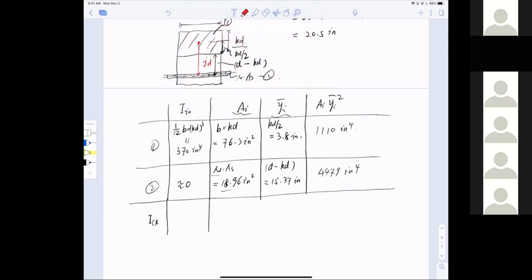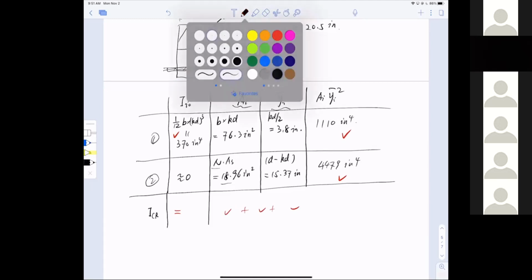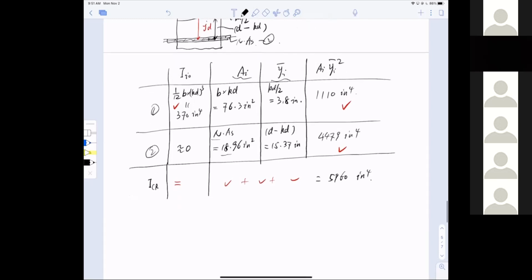Since it's a small table, I just need to add up this fellow, this fellow, this fellow. All these marks, you add them up together, you got 5960 inch to the 4. That's the moment of inertia, Icr.